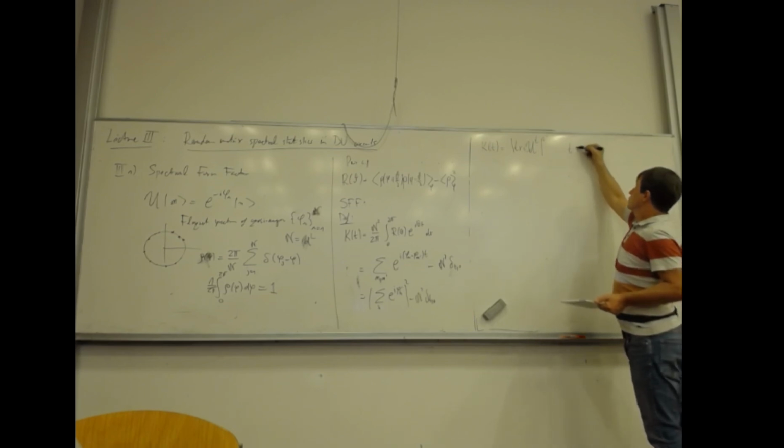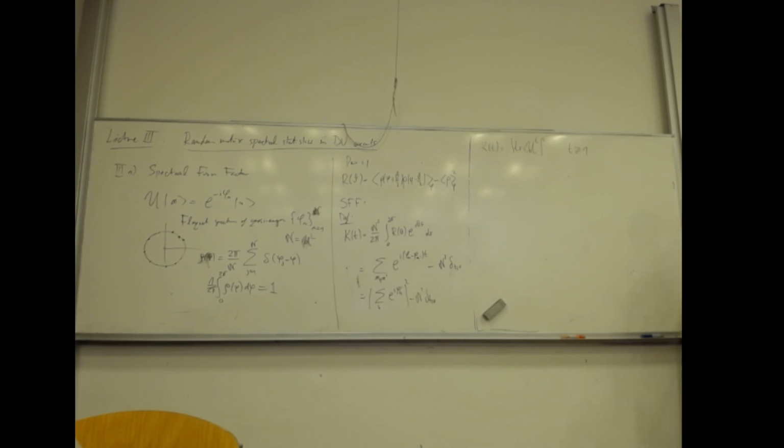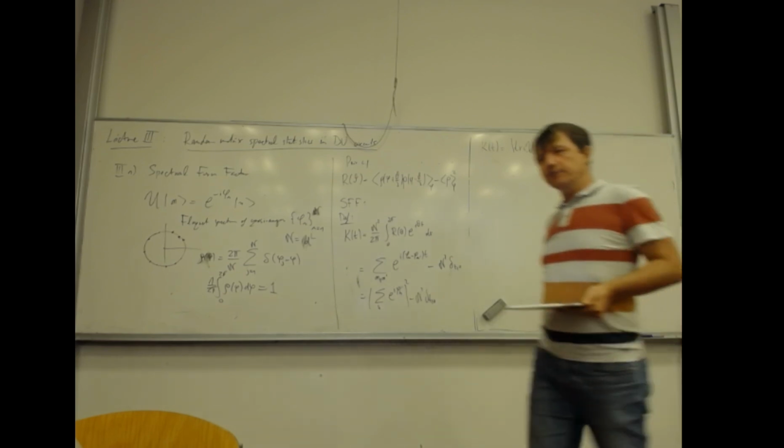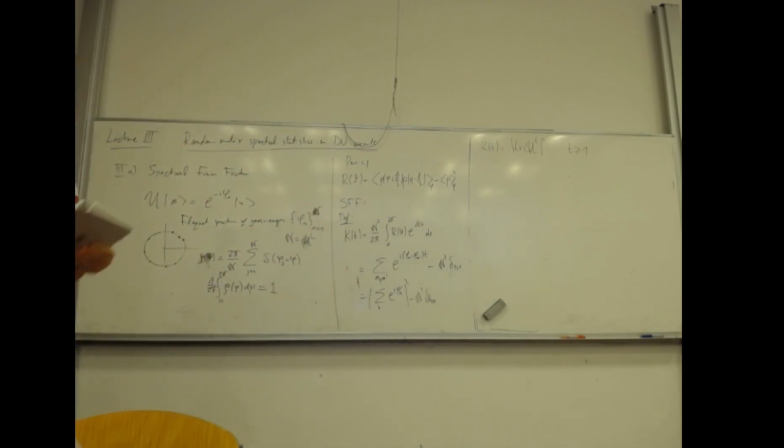And then I will assume that t is larger than 1, so I don't have to care about this delta function. This singularity at t equal to 0 is important in continuous time.